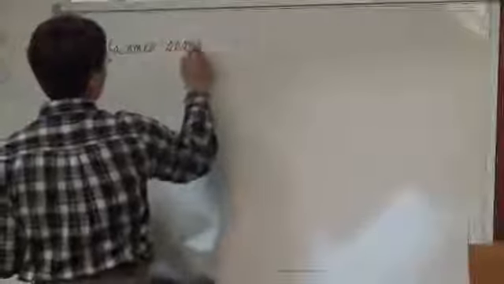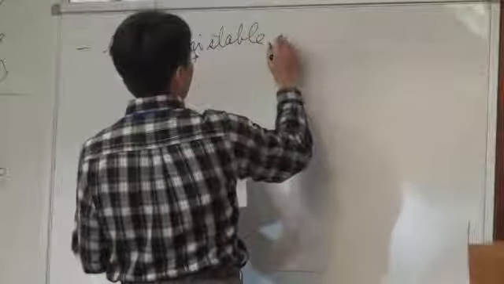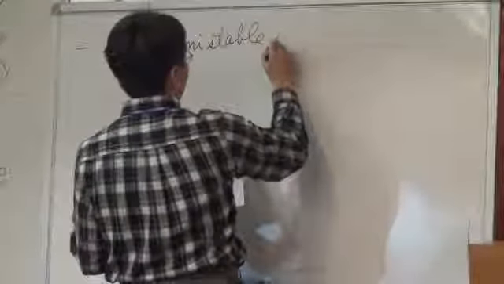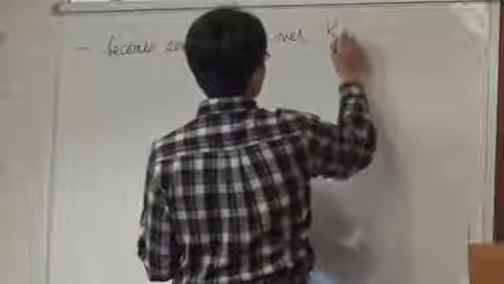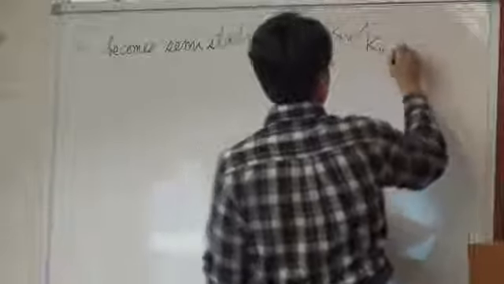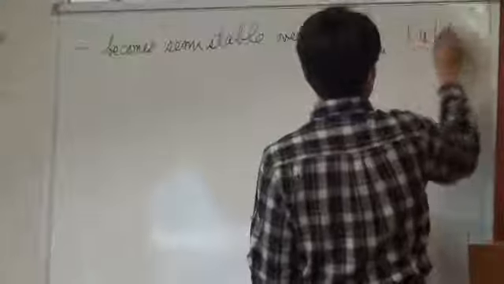And so the third condition is that V becomes semi-stable over K, at u prime. So this u is prime over l.